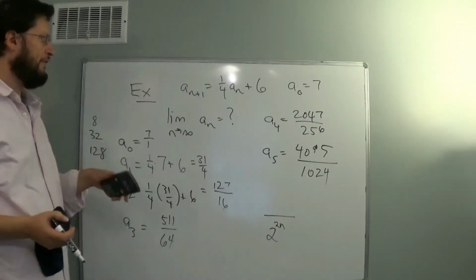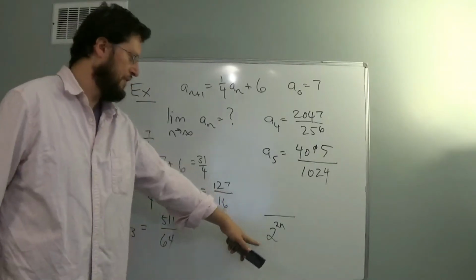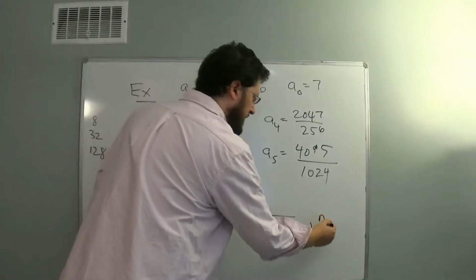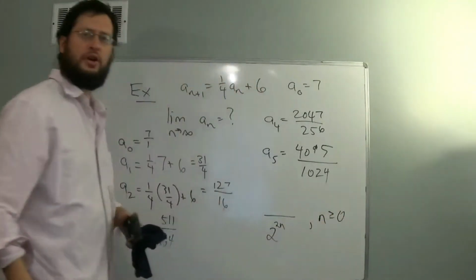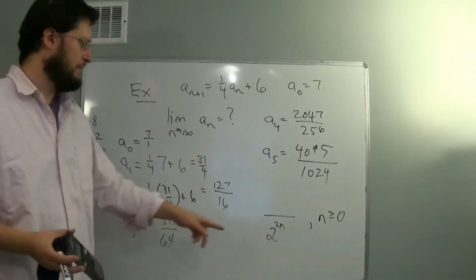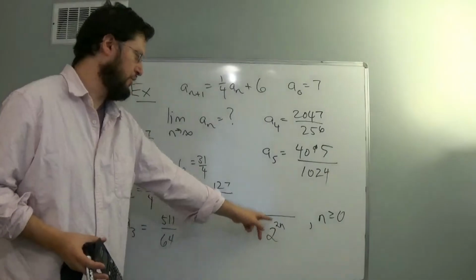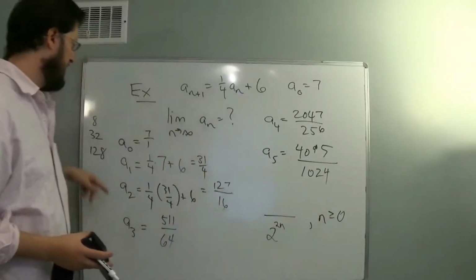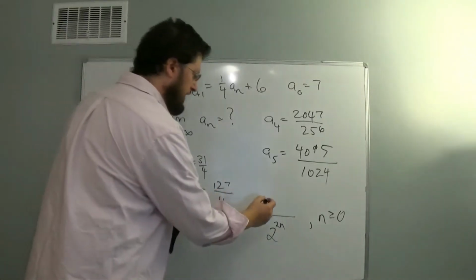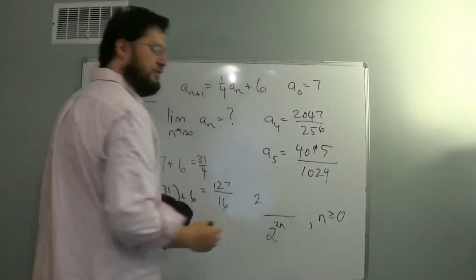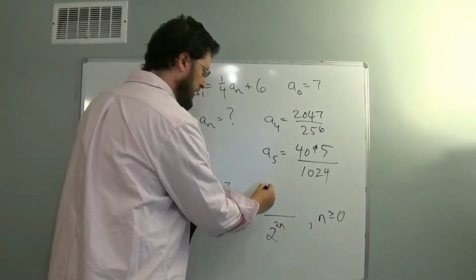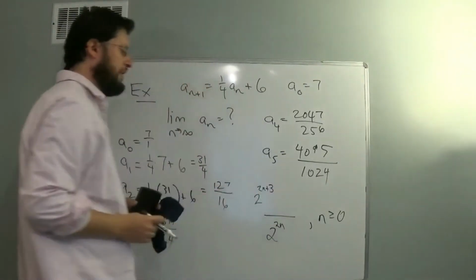We just have to be careful that they are going to match up with what we've written down here. What was the very first n value? We decided that based on my denominator, I'm starting at n equals 0, because if I plug 0 in for n, I will get 2 to the 0, which is 1. So if I'm starting at n equals 0, I need to end up getting 3 as my first power of 2. That means that I'm going to need 2 to the 2n plus 3.